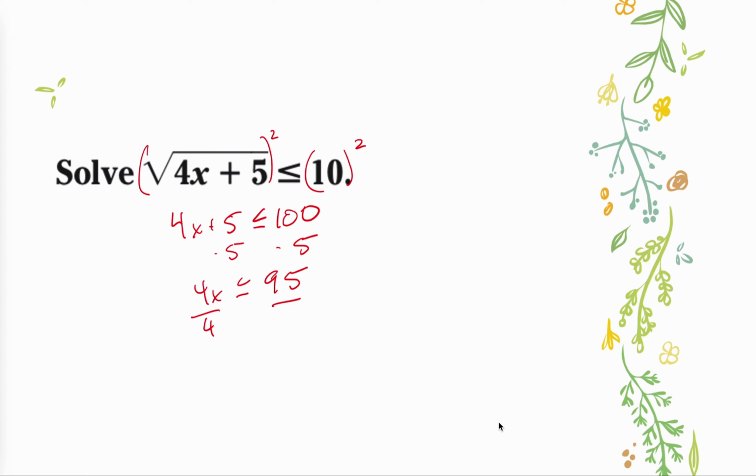Divide by 4: x is less than or equal to 95 over 4. So in order to test this one, we want to pick some points that are greater than 95 over 4 and some points that are less than 95 over 4.